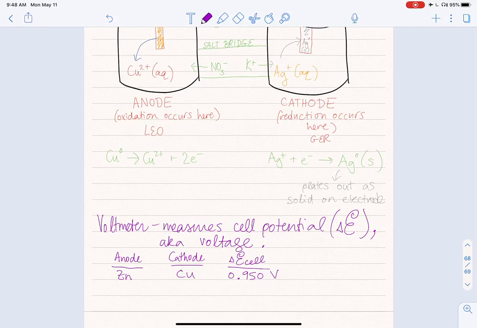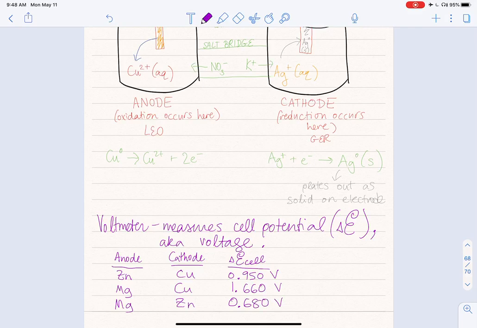This is volts named after Alessandro Volta. So if your anode is magnesium and your cathode is copper, you get a cell potential of 1.660 volts. Ooh, so that's a better battery. If your anode is magnesium and your cathode is zinc, then you get a cell potential of 0.68 volts.